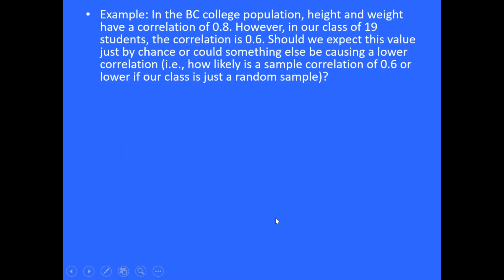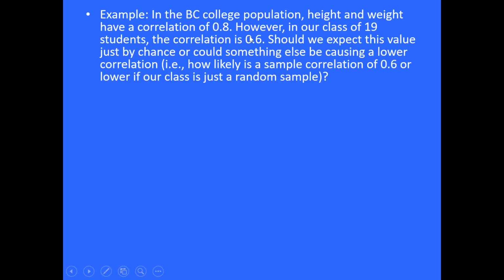All right, that's kind of a lot to take in, so let me give you an example of when we might use this kind of thing. Let's say at Broward College, height and weight are correlated, and we have a correlation coefficient of 0.8. That's a pretty high correlation, and that's out in the population of the college. Remember, this is the population. We have a sample of, we'll say, 19 students in the class, and we get a correlation of 0.6.